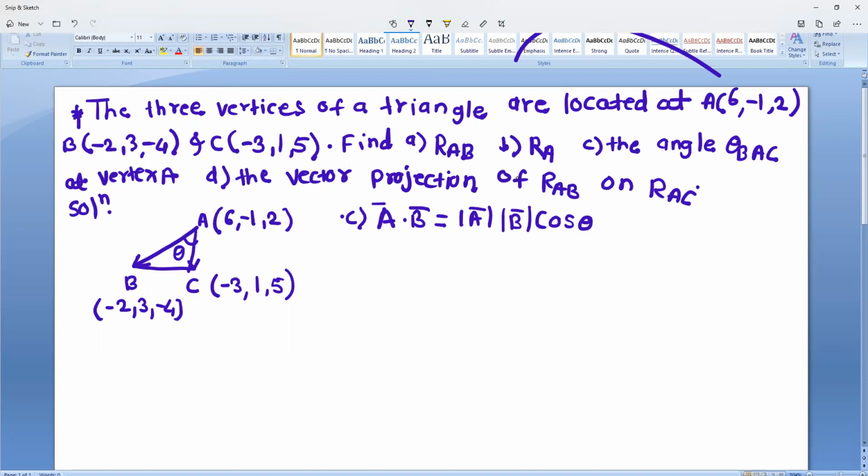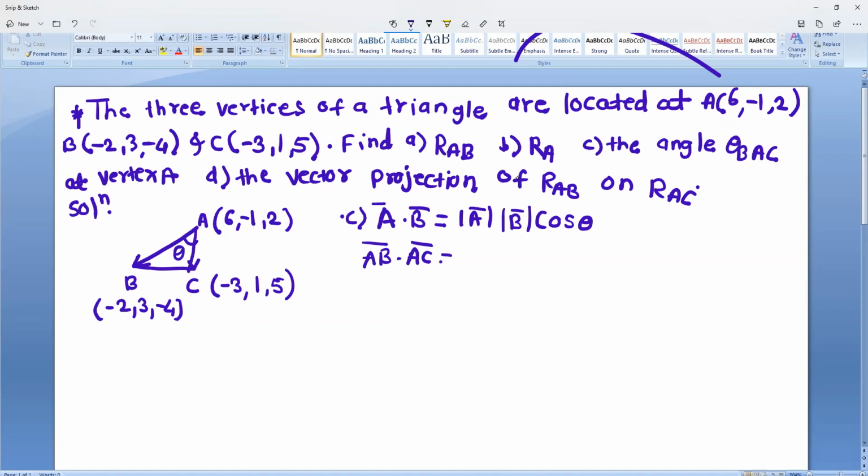What are the vectors which are originating from A? The first vector is AB bar, right? So this vector A bar is nothing but vector AB bar, and it is dotted with another vector, AC bar. This vector B bar is nothing but vector AC bar, right?